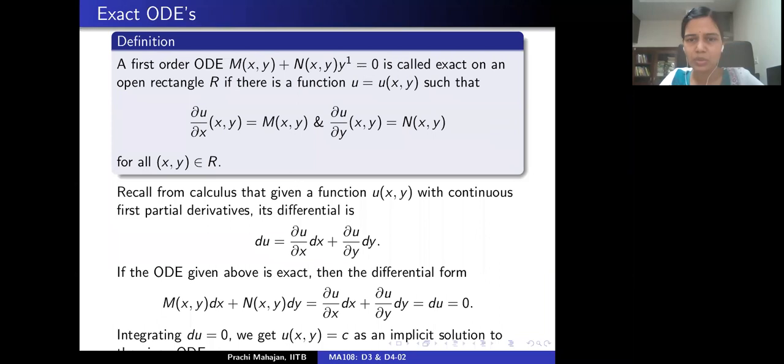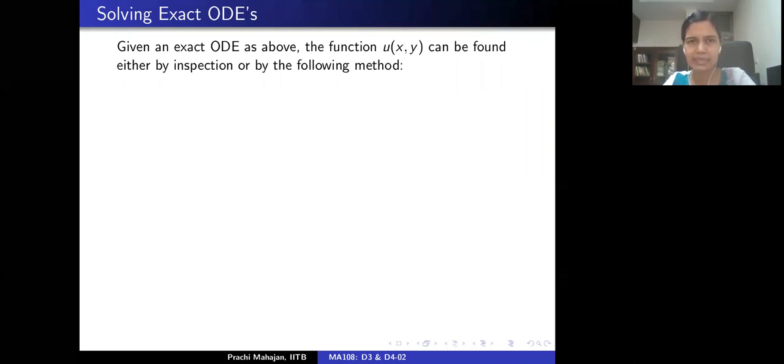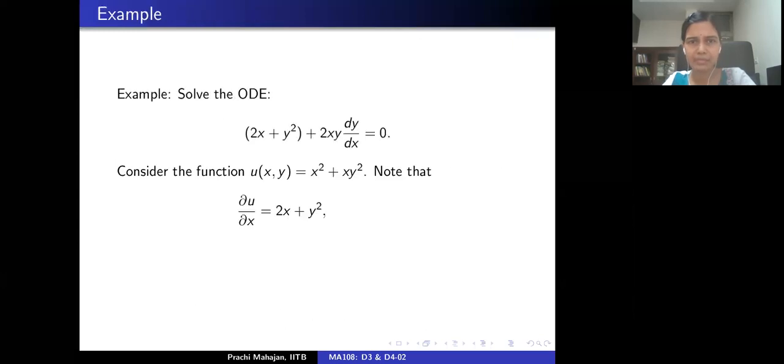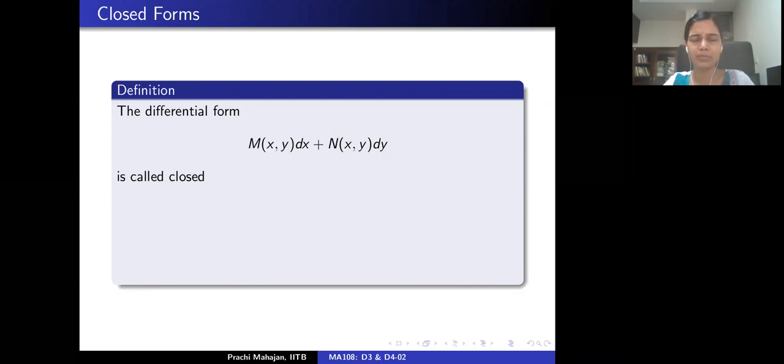Let's see. I can give you one tool to decide if an ODE is exact or not. We saw an example, and a related notion is closed forms. Bear with me; let's see this definition and how closed forms are related to exact forms.